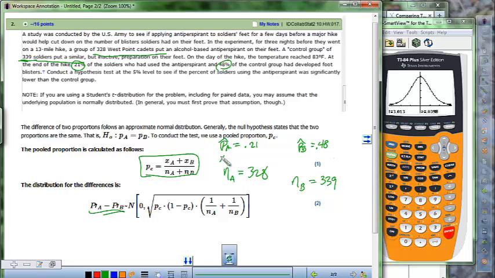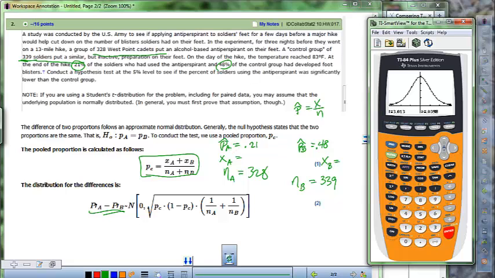And so the question is still, what is XA and what is XB? And remember that the relationship between P hat and X and N is that P hat is X over N, and so if you're looking for X, you can just multiply both sides by N.